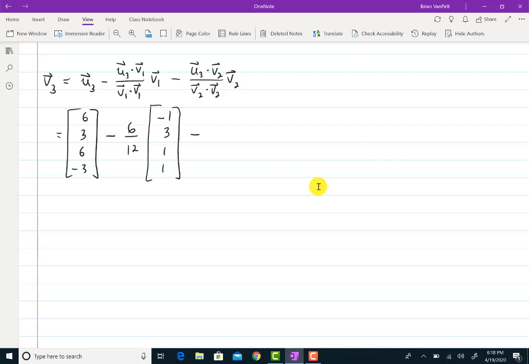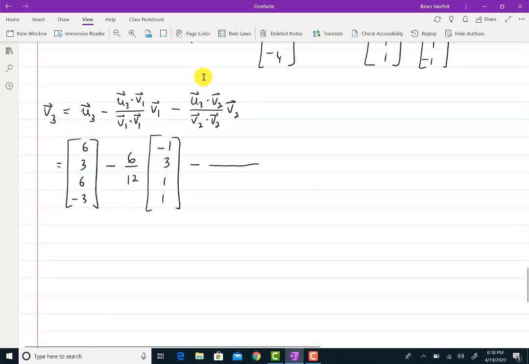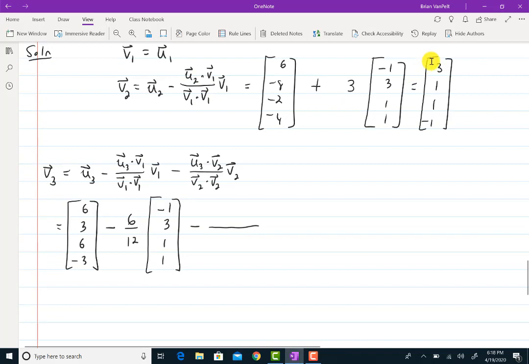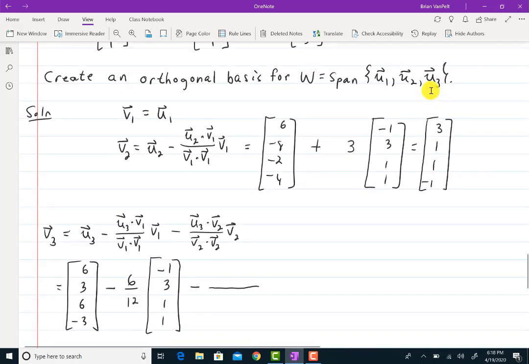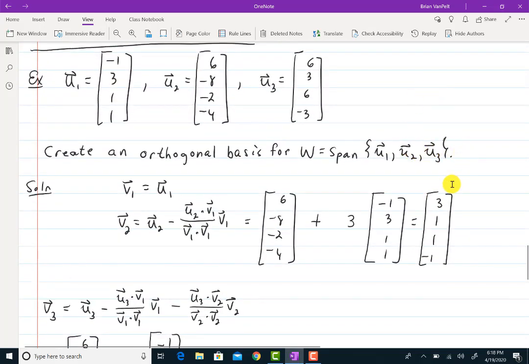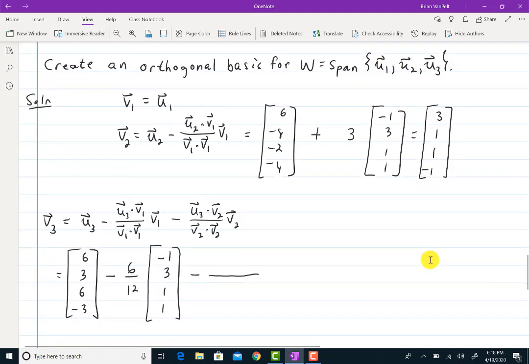And then minus U3 dot V2. V2 is over here. Now where's my U3? There it is up there. So this vector dotted with this vector. 6 times 3 is 18, plus 3 times 1, I'm at 21, plus 6 times 1, I'm at 27, plus 3, so I'm at 30.